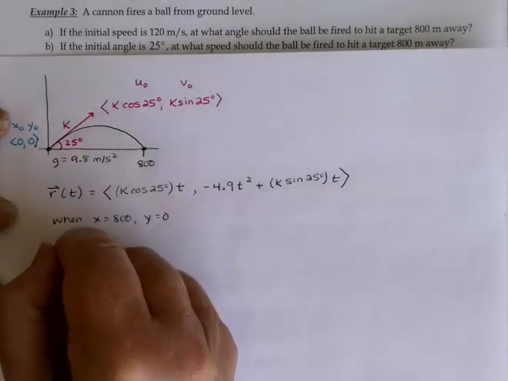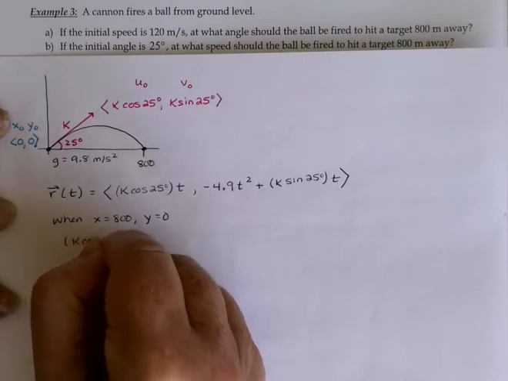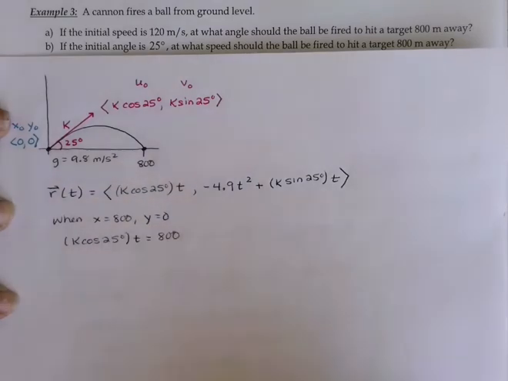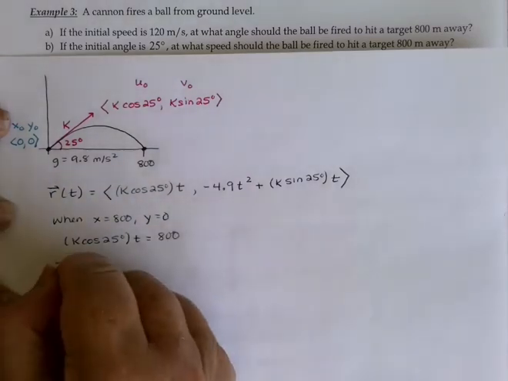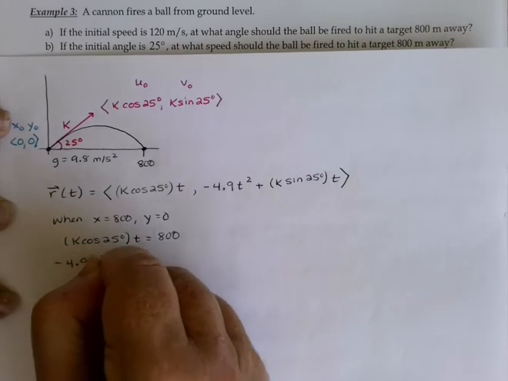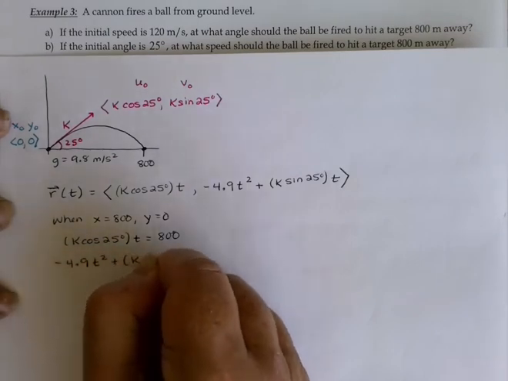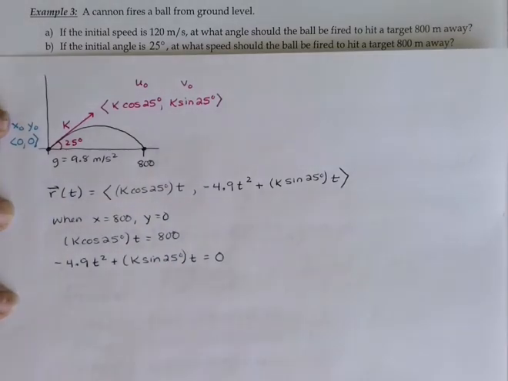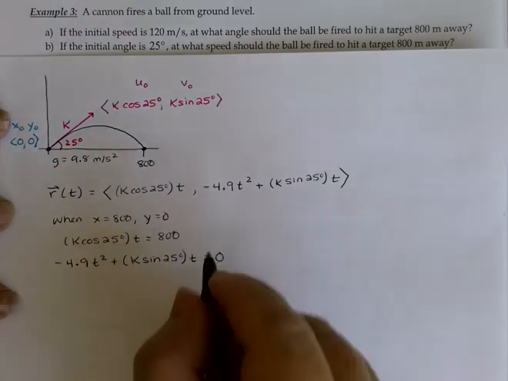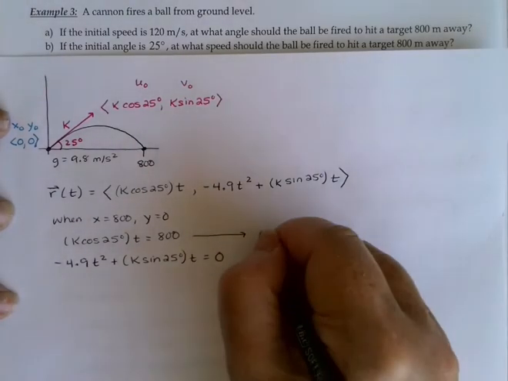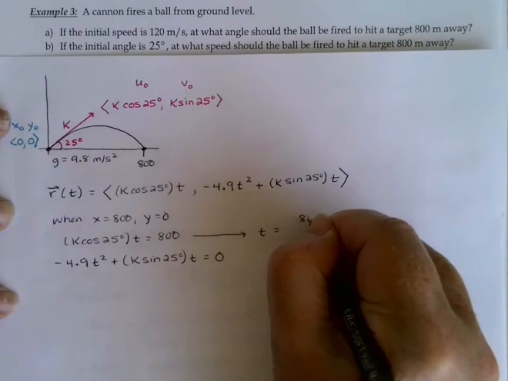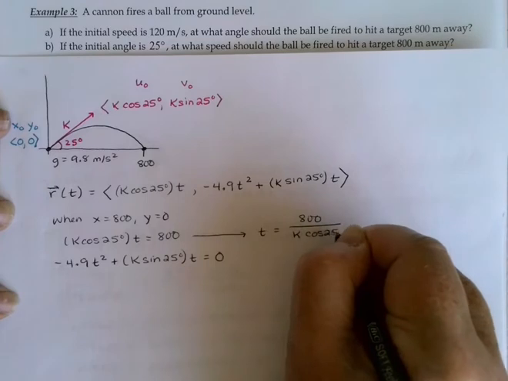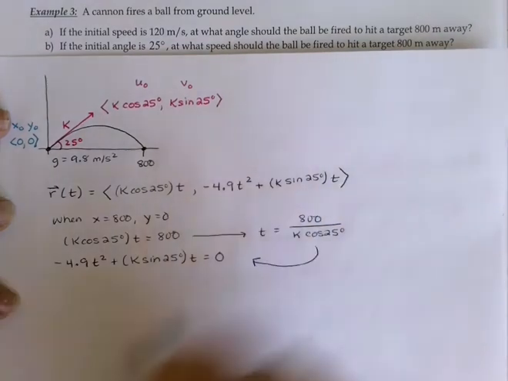Set the x component equal to 800, and set the y component equal to 0. And once again, I'm just going to employ a substitution method. T would be 800 divided by k cos 25 degrees. And I'll just plug that into my second equation.